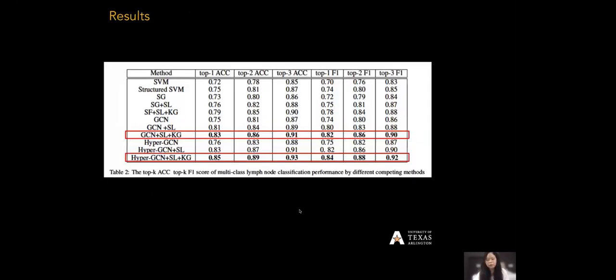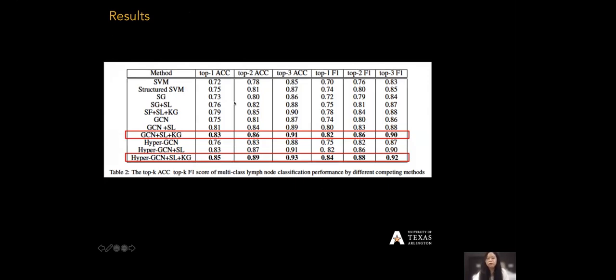We compared our results to several baseline models. We have two types of models. The first is a GCN with graph structure learning and knowledge graph, and the second uses a hypergraph convolutional neural network, which we call hyper GCN, with structure learning and knowledge graphs.